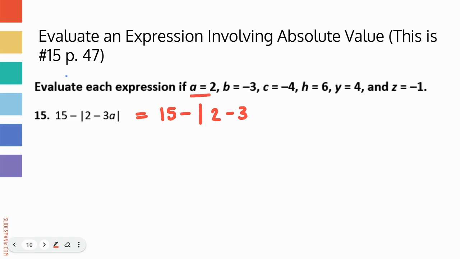In place of a, we're going to put 2, so 3 times 2. And again, remember, anytime you have a number next to a variable, that's always multiplication. Okay, so starting inside of our absolute value symbols, we've got 3 times 2, which is 6. And everything else just comes down.